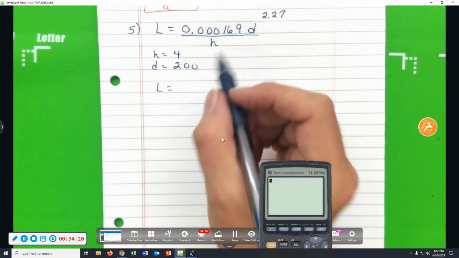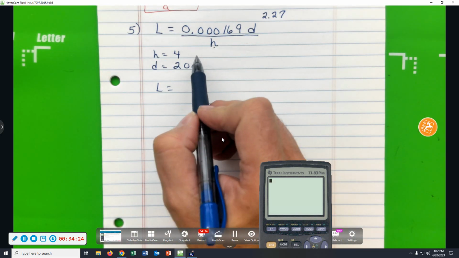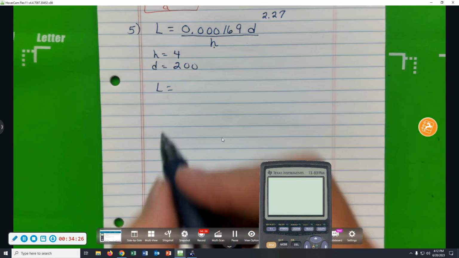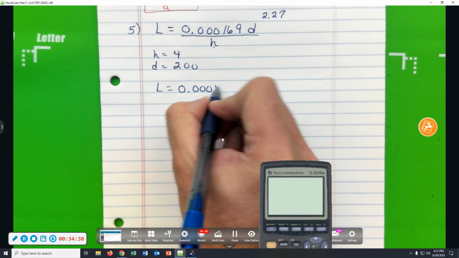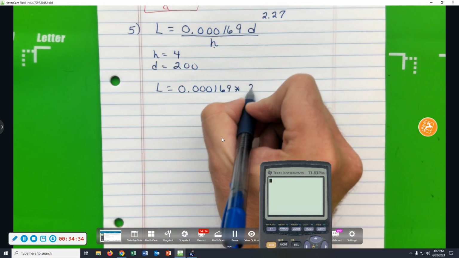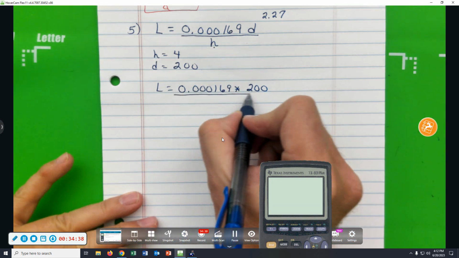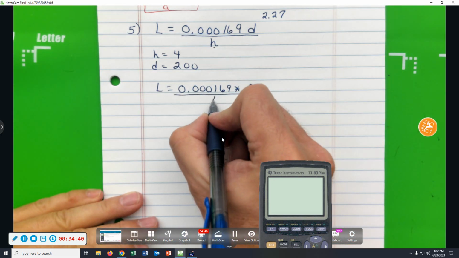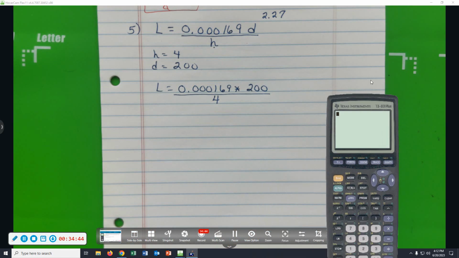So we're going to plug a 4 in for H and a 200 for D. So L equals 0.000169 times D, all divided by H, 4. Get this calculator up.